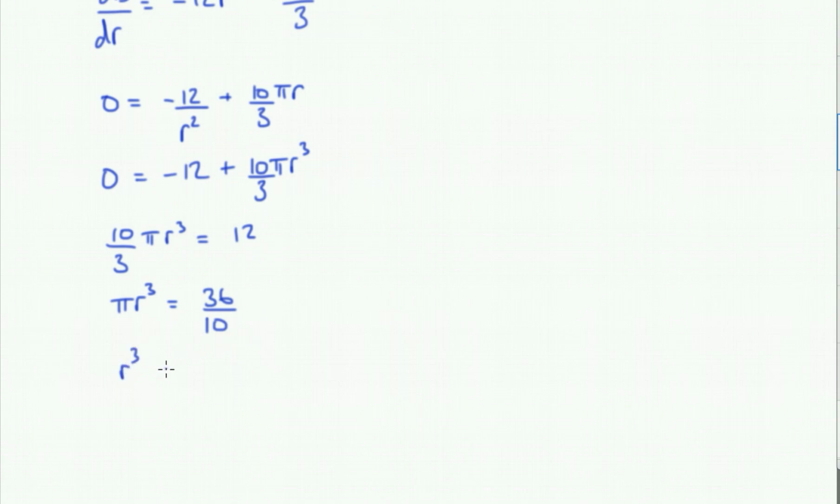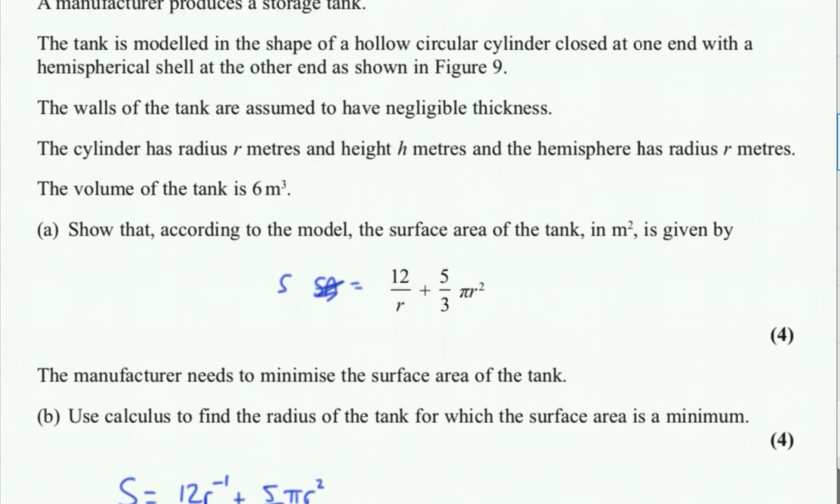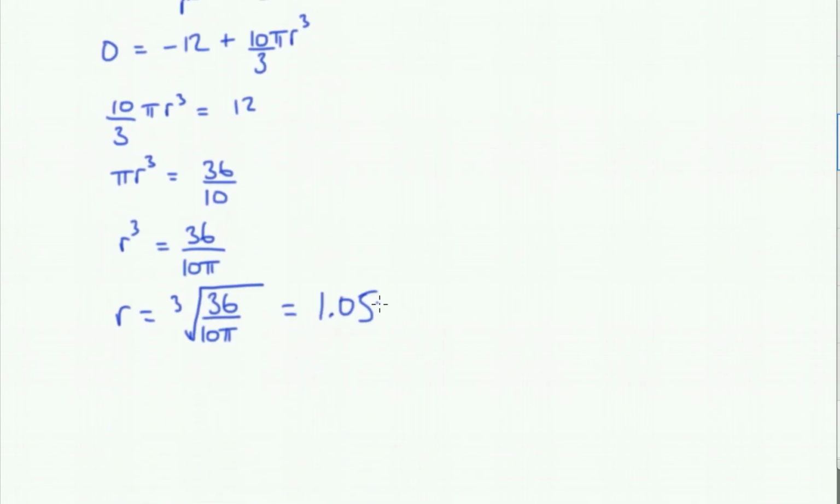Divide by pi as well, and cube root that. So work that value out. That gives me a radius of 1.05, is it centimetres? What unit are we in? Metres. 1.05 metres.